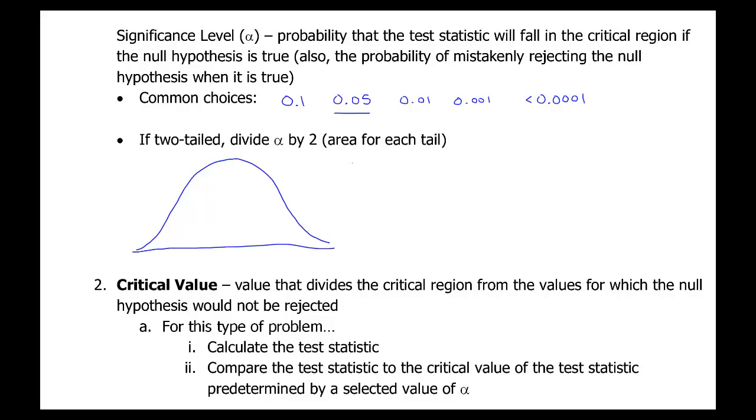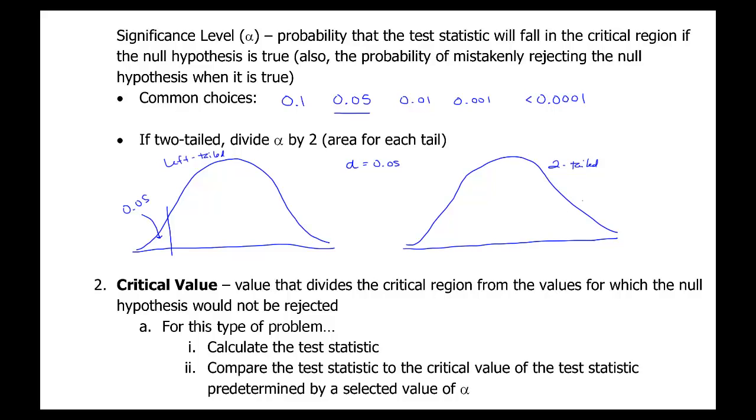tails. So if we just say that alpha is 0.05, if you're doing a one-tailed test, let's go to the left side, all of that is in one tail. So this is a left-tailed test. And if you're doing a two-tailed test, we have to look at both sides.